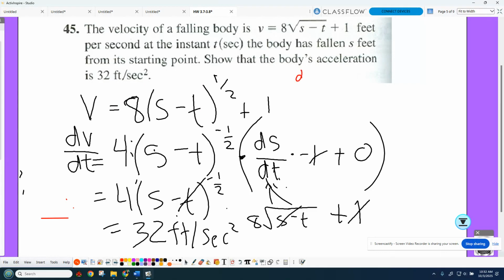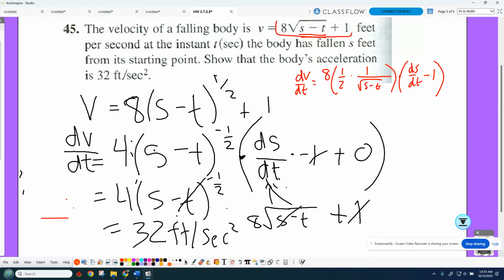So again, the derivative of this multiplied by the power, lower the power. And the derivative of 1 goes away. And then she did, right here, the derivative of the stuff inside. How is s changing with respect to time? Minus 1.